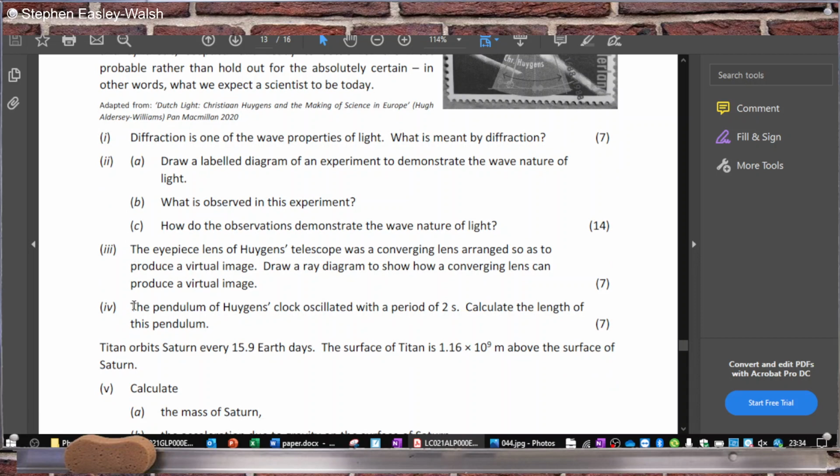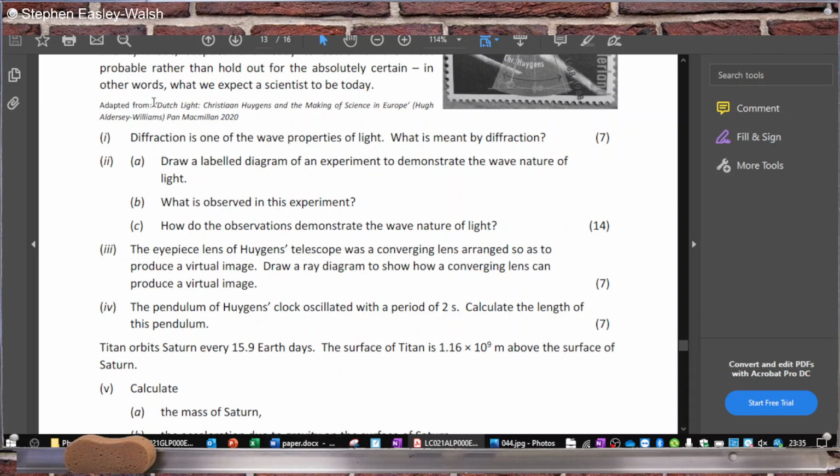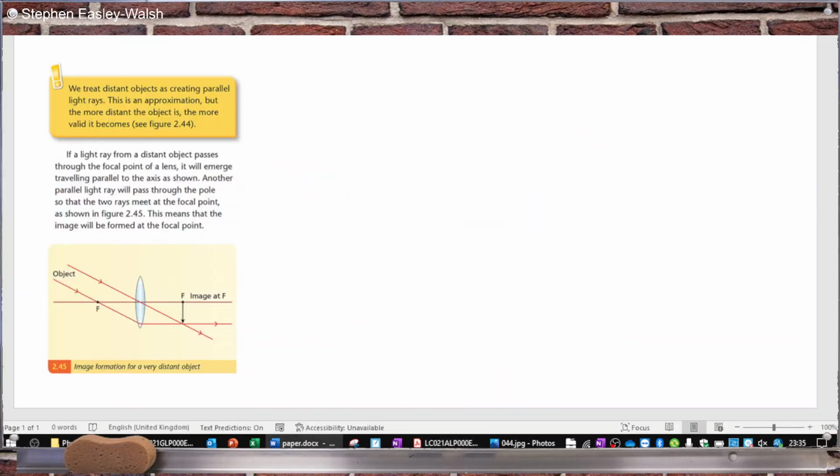Part 4 is a calculation. I think it's just calculate the length of this pendulum. So the pendulum formula, T equals 2 pi root L over g.